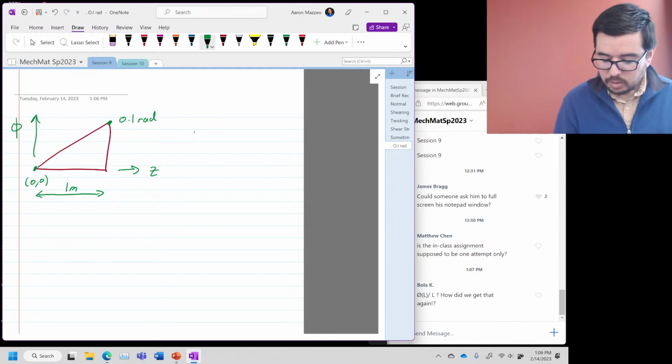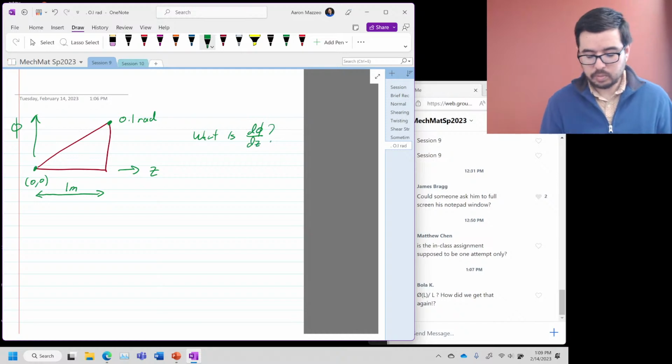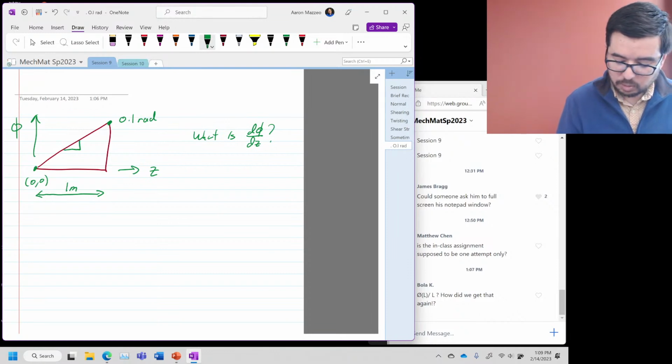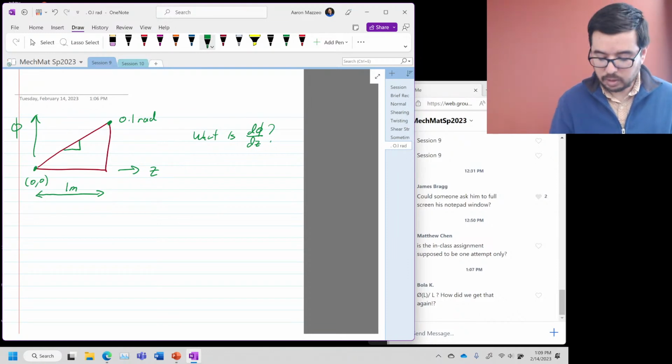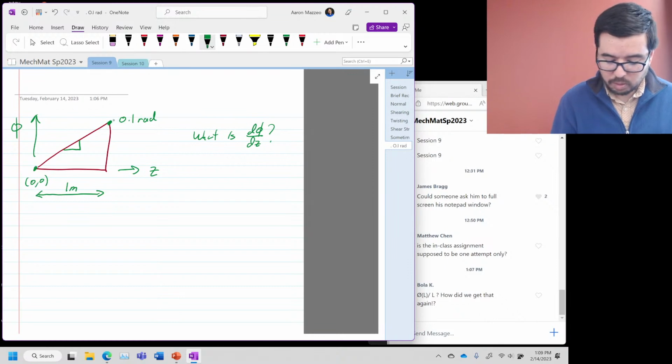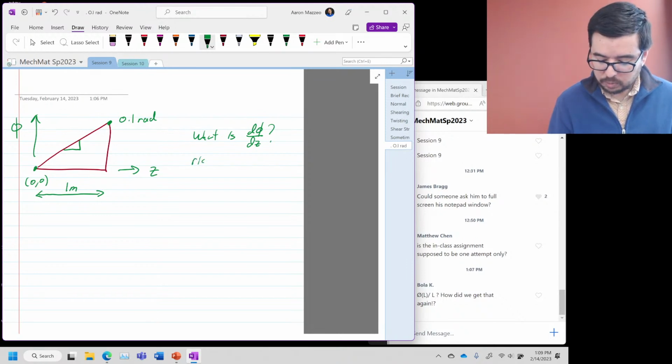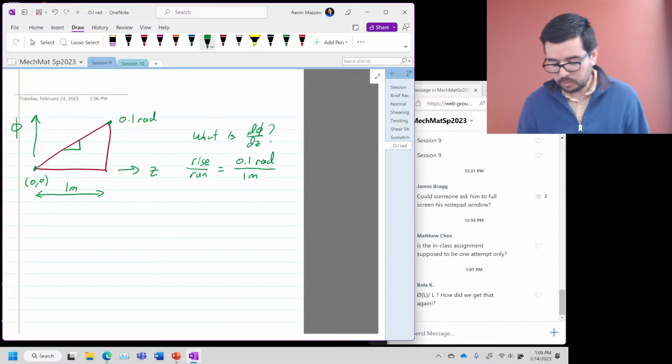What is d phi dz? What's the slope of this line? That's what we're asking essentially. I know what the value is here, and I know what the value is here, so I do rise over run. We'll have 0.1 radians divided by 1 meter.